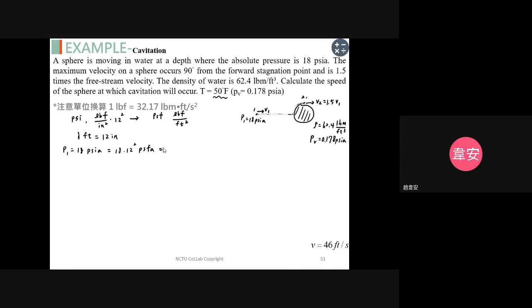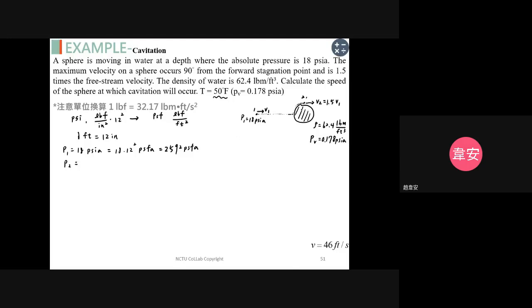So use your calculator: 18 multiplied by 12 multiplied by 12. So the pressure for P1 is 2592 psfa. And what is P2?